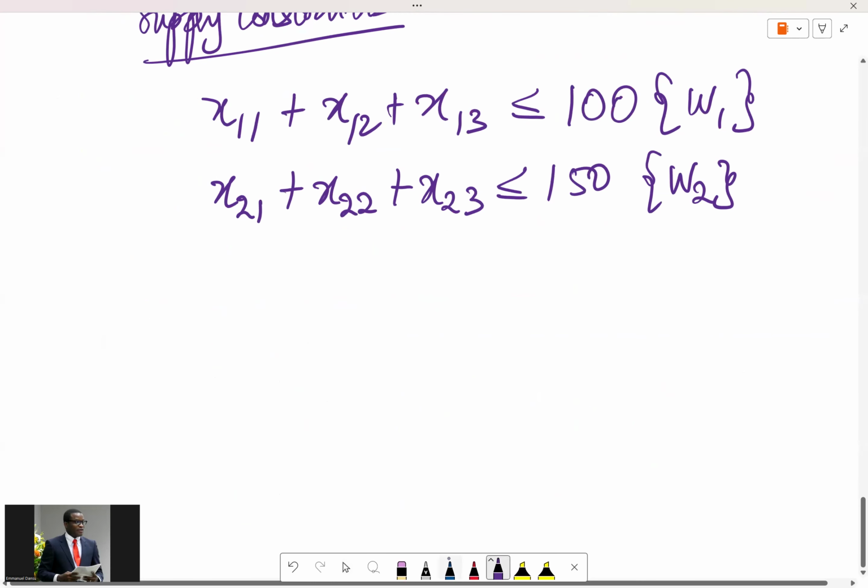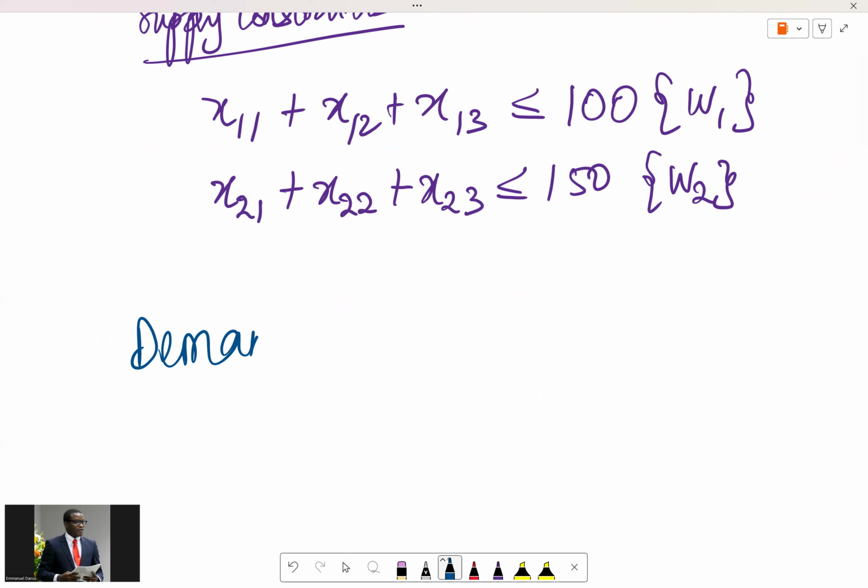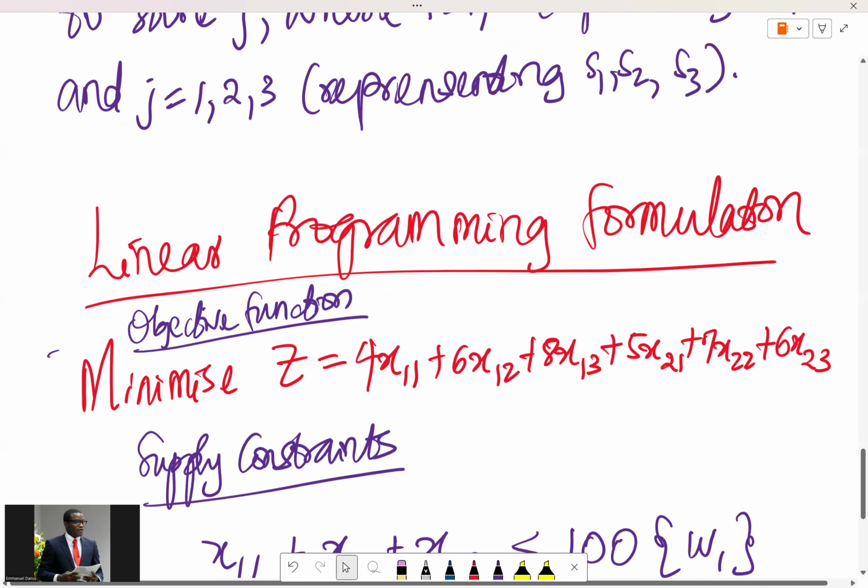And then we have the demand constraints also. There are also constraints on the demand. For the demand constraints, you take it downwards.